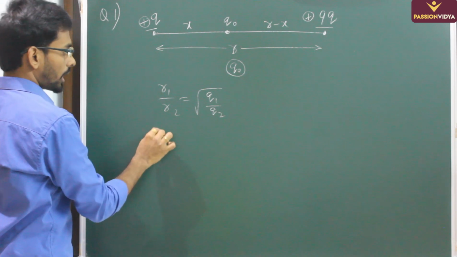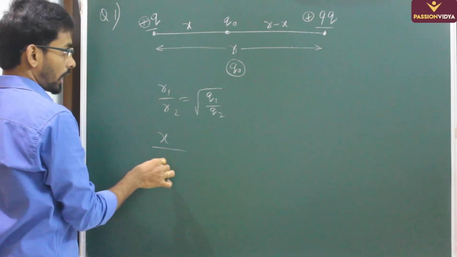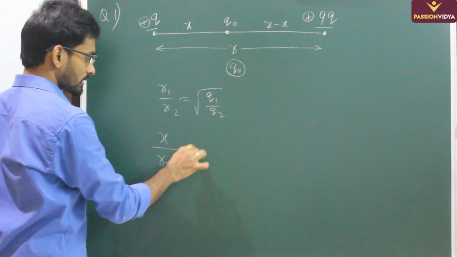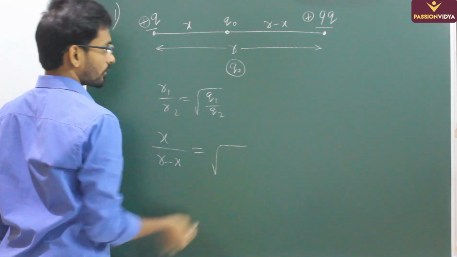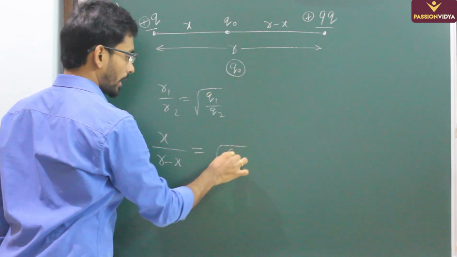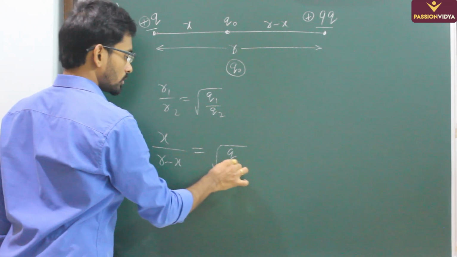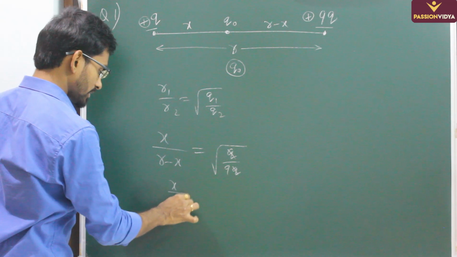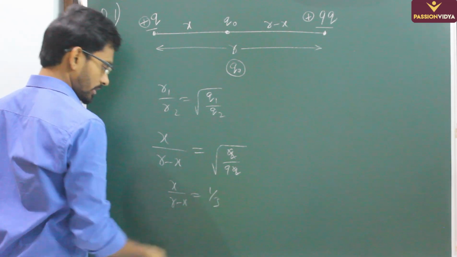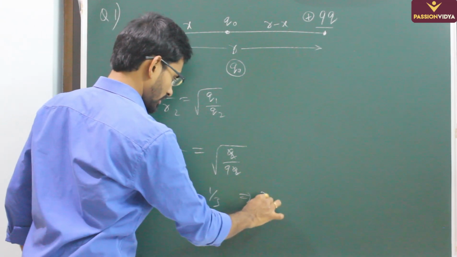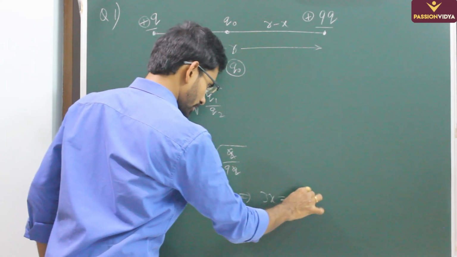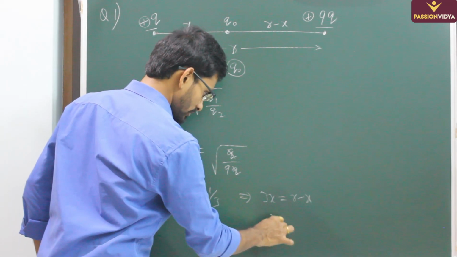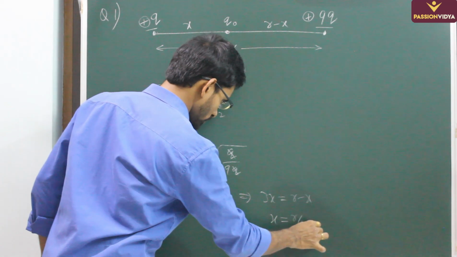If we substitute, r1 is x and r2 is r minus x, equal to under root of q by 9q. So from here you will get x by r minus x is equal to 1 by 3. So 3x is equal to r minus x and x is equal to r by 4.